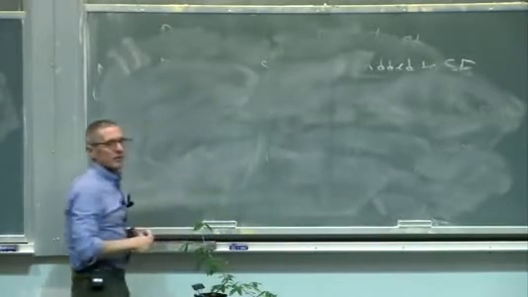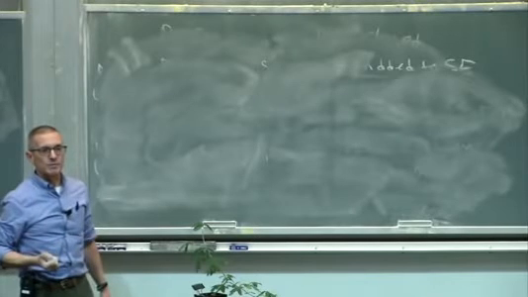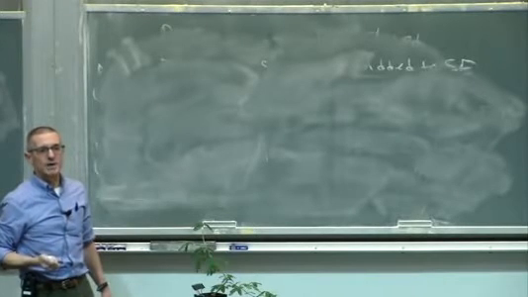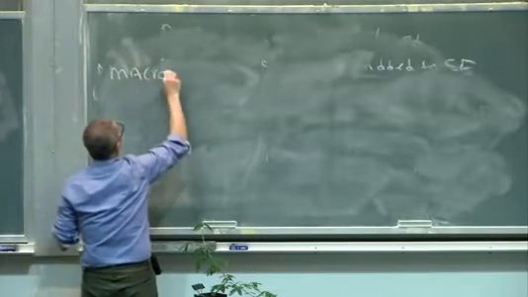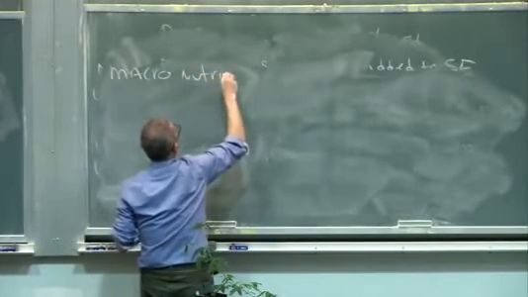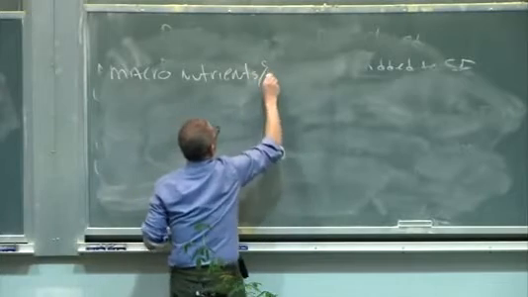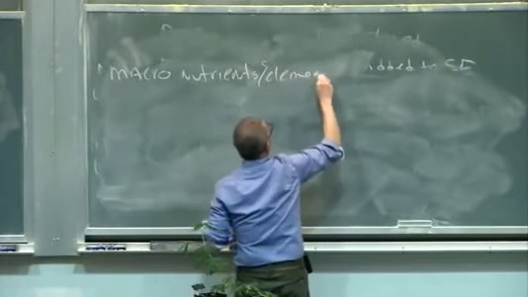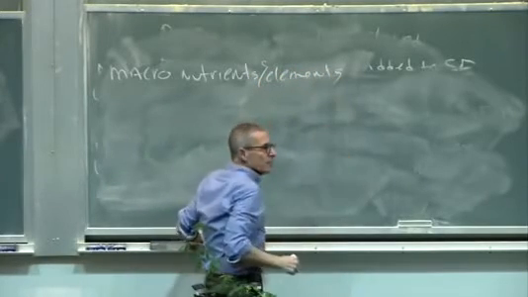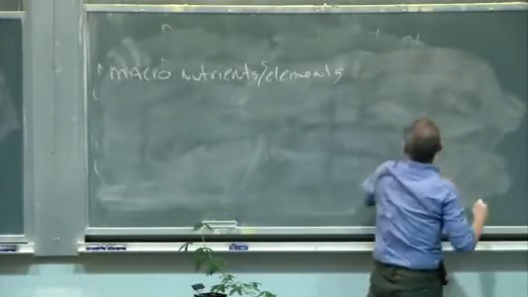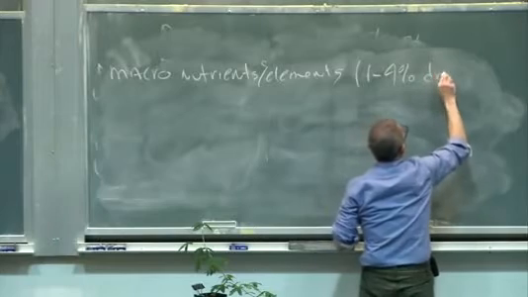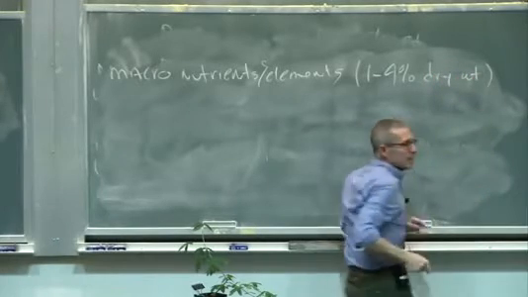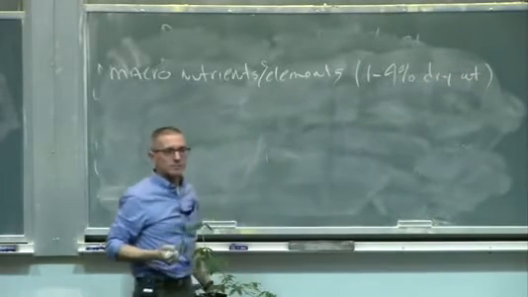The essential elements are divided into two groups, the ones that plants need to complete their life cycle. First, the so-called macronutrients or elements, and these are required in relatively large amounts, so perhaps 1 to 4% of the dry weight of a plant is composed of these macronutrients.